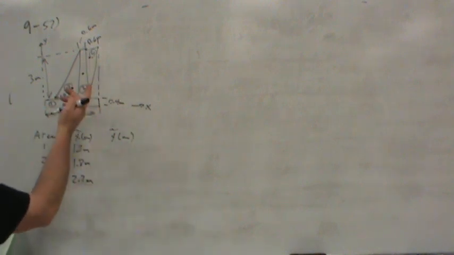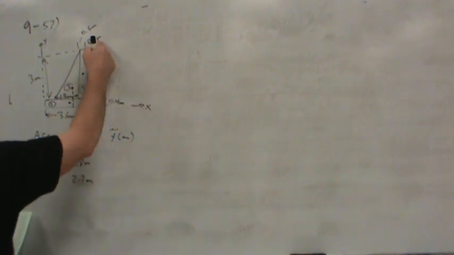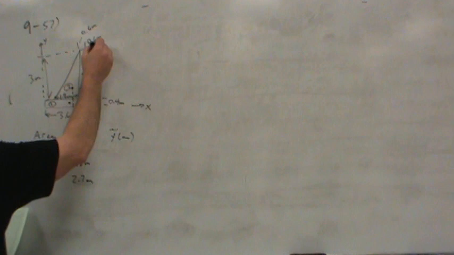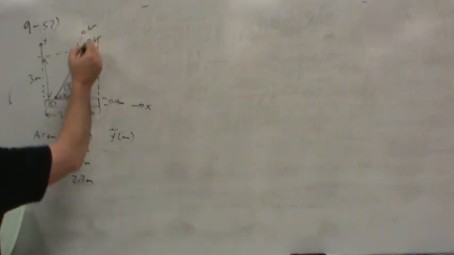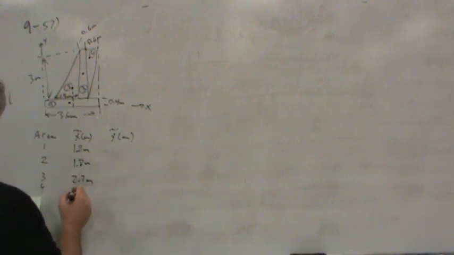Then for area 4, it'd be 3.6 meters minus 2/3 of 0.6. An easier way is to go to 3 meters and then come over by 0.2 meters, so 3.2. I'm still getting that wrong, because I've got 3.3.